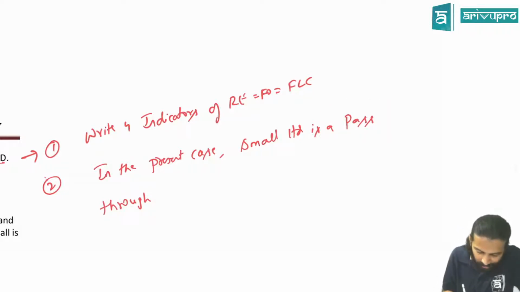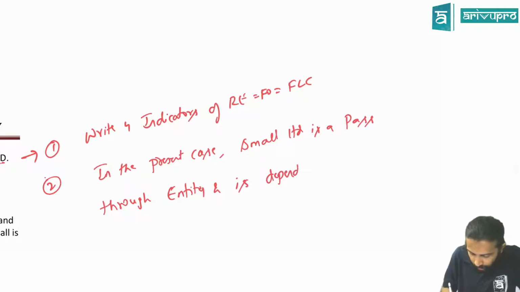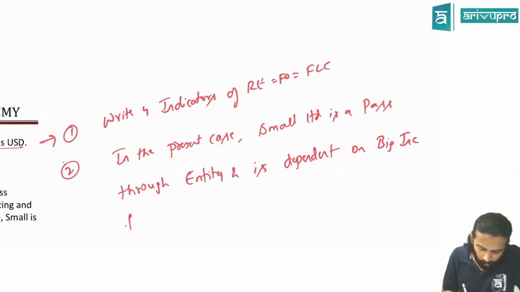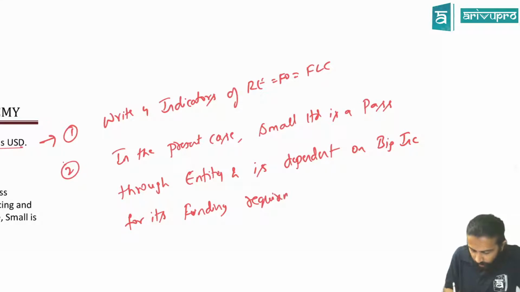Hence, it is a pass-through company or pass-through entity, and is dependent on Big Inc. for its funding requirements and remits all its cash to Big Inc.